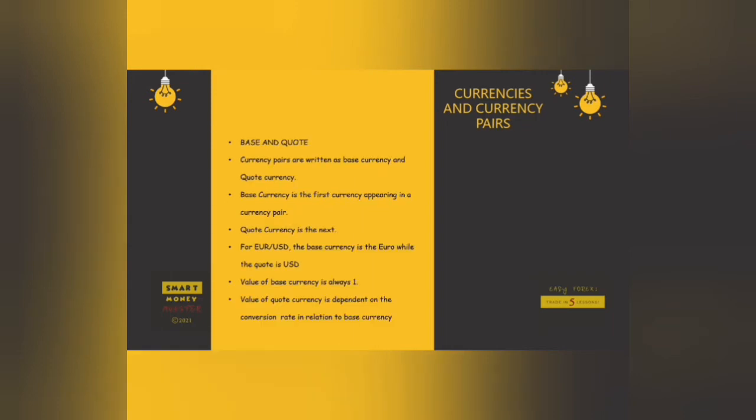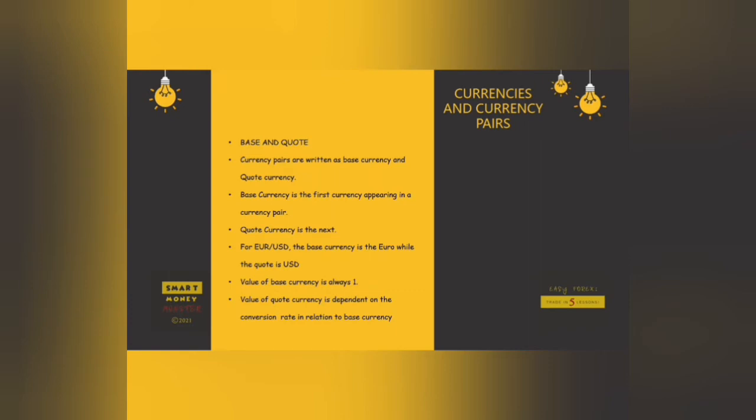Now you have to understand the concept of base and quote in currency pairs. Currency pairs are written as base currency and quote currency. So when you hear, for example, euro dollar, the first currency you are calling is the base currency. The second currency you are calling is the quote currency, right?